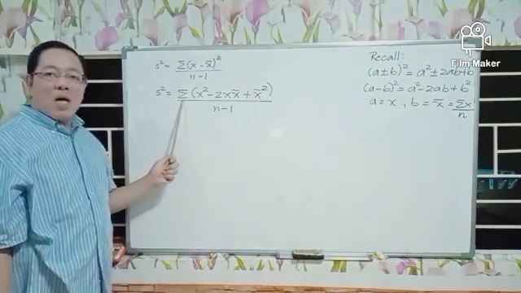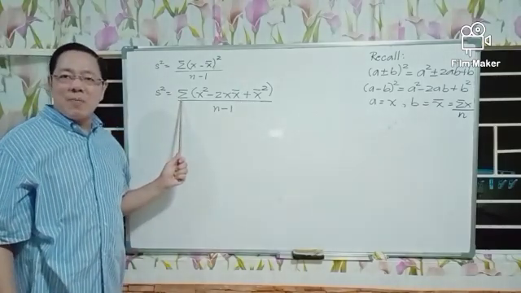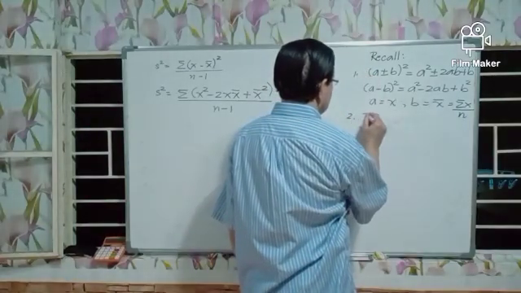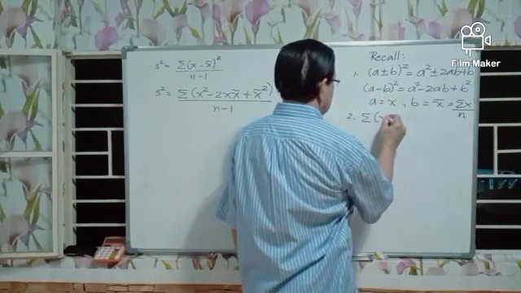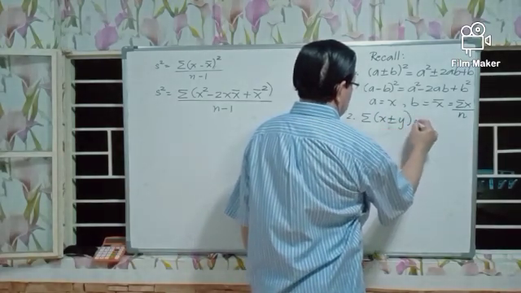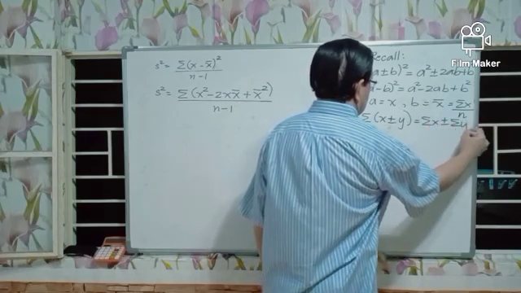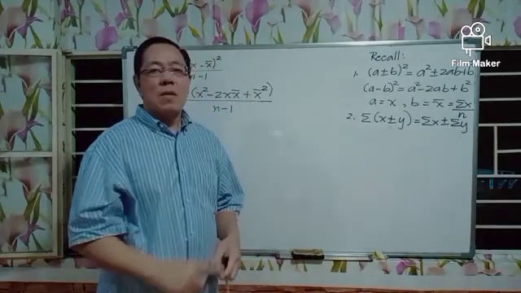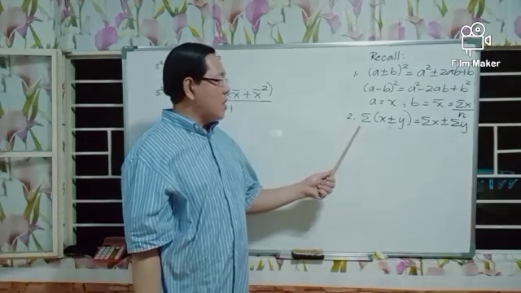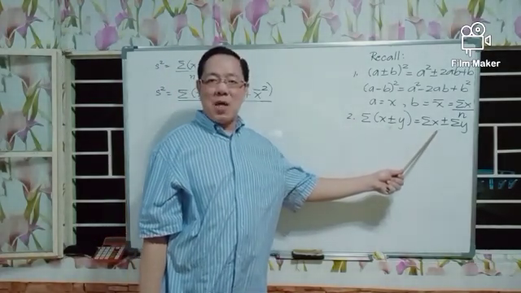Now we apply one of the properties of the sigma notation, or the sign for summation. One of the properties of summation says that the summation of the sum or difference is equal to the sum or difference of the summations.